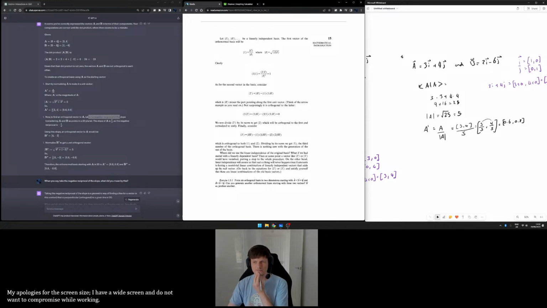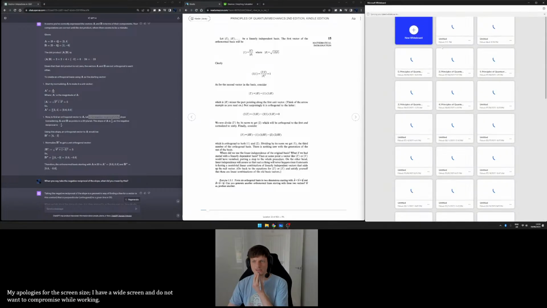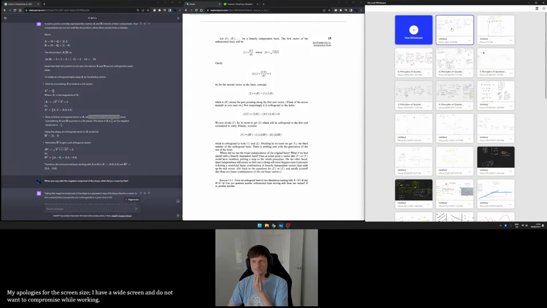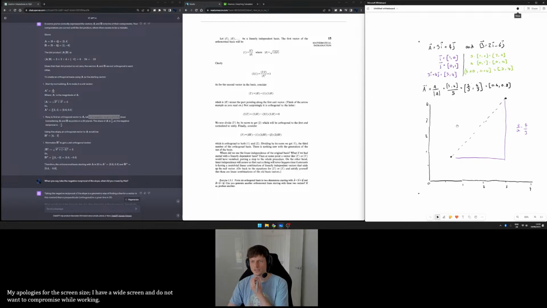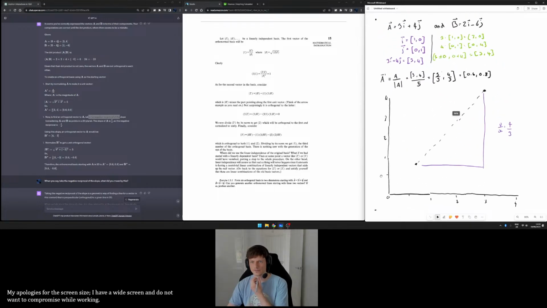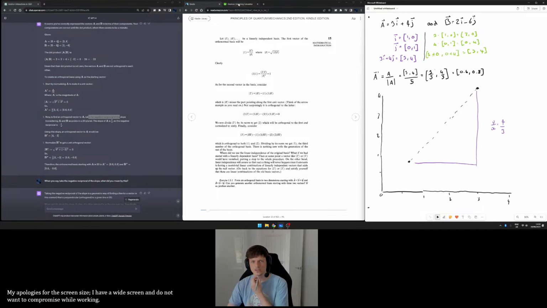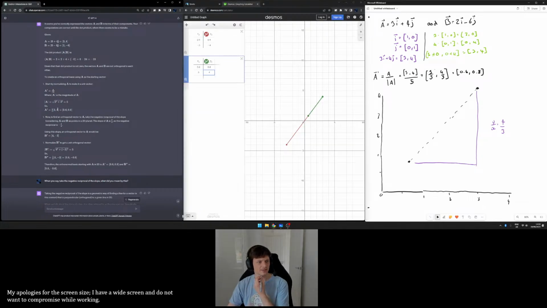Okay, I see. So if I now go back to this, we're getting somewhere. And so now this is saying 3, 4. Now to find an orthogonal vector to A, and A was equal to 3, 4. So let's do that first instead.